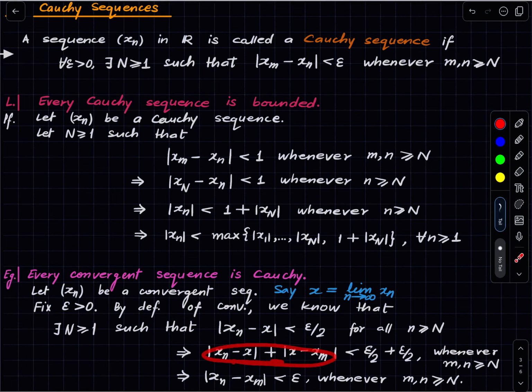So this thing dominates that thing. That is by triangle inequality, and it is dominated by epsilon, and therefore this is at most that whenever little m and little n are at least capital N. And therefore the sequence is Cauchy because this is exactly what we wanted to deduce.